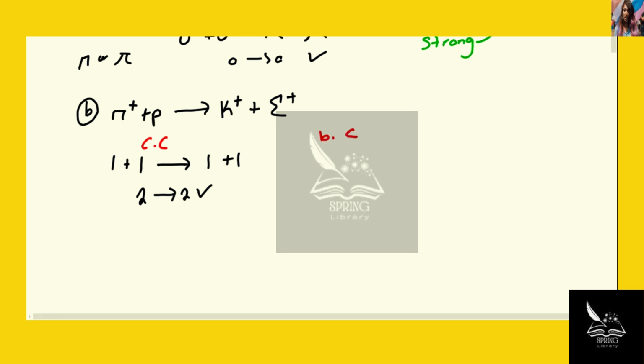Okay, so let's find the BC, the baryon number. Now we have 0 plus 1, because it's positive, and 0 plus 1, positive. So 1 to 1, which is good. Now we need to find the strangeness. It's just fun to say strangeness.